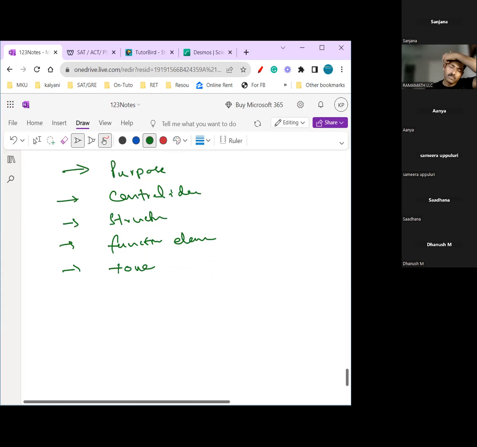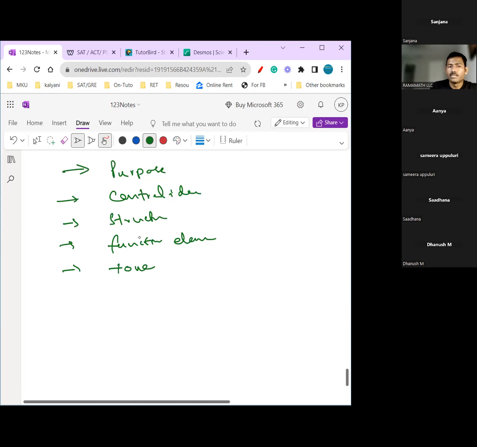Last time, we looked at purpose, where you find it, and the central idea. You can see at the beginning of the paragraph how the purpose of the passage and also the central idea are built, and then how we can go back and check it. So please go back and look into all the reading notes that we went through.